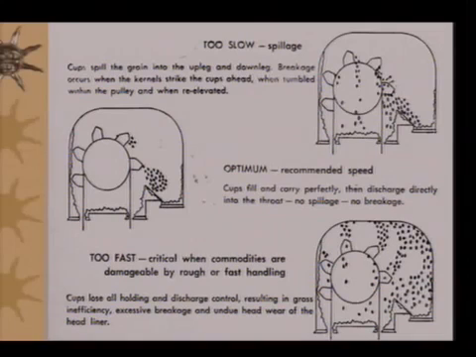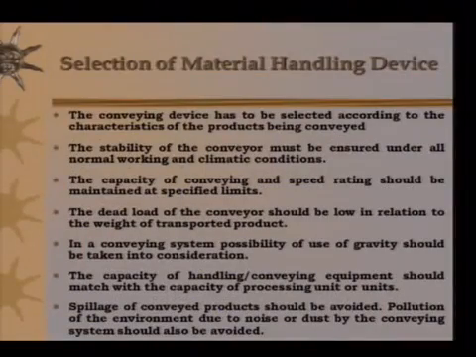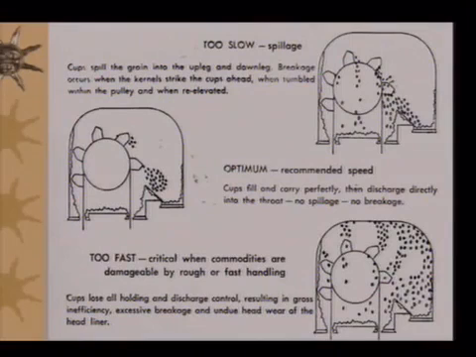Now there are certain operational things which have to be kept in mind while operating a bucket elevator in a grain industry or a food industry. Here you see the picture given on the top. If you have to maintain a particular speed for the bucket elevator, and the speed is too slow, see what happens.